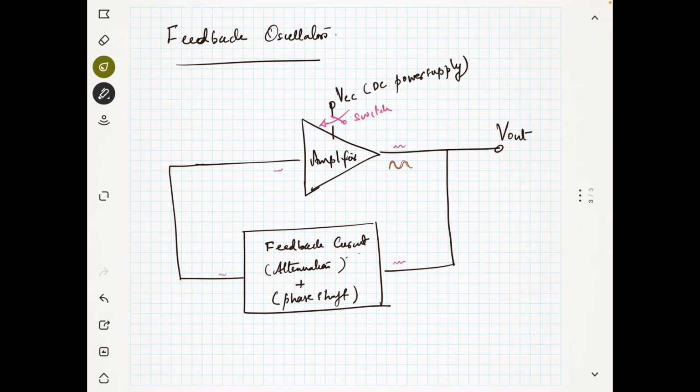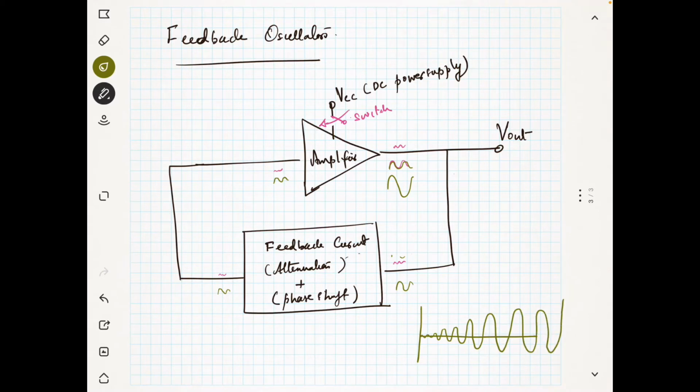Then it will again reach the input of the amplifier, which will amplify it again. So what is happening here? The small disturbance is fed back by the feedback network, then amplified, then amplified, then amplified. It will go on. That means some oscillation is starting.